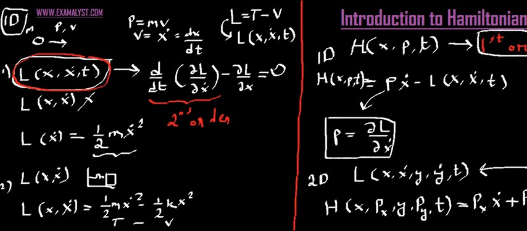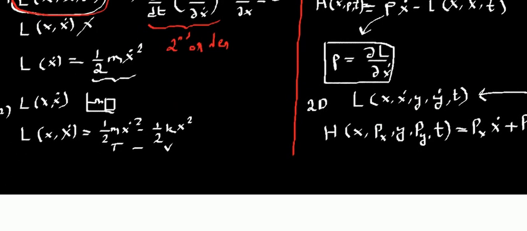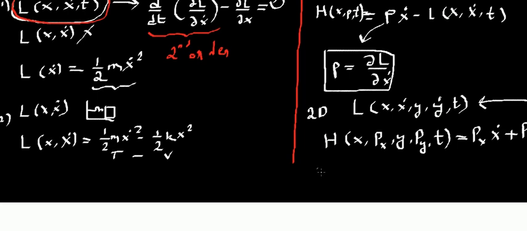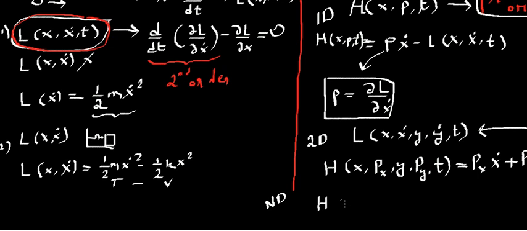So let me write the general expression for Hamiltonian. Okay, let me write it here. So the general expression for Hamiltonian is, so if there are many dimensions, say there are n dimensions, then the Hamiltonian will be given as, so let's write it here. The Hamiltonian will be given as, it's a function of q, so we write q_i, i goes from 1 to n. It's a function of p_i, i goes from 1 to n, and t.